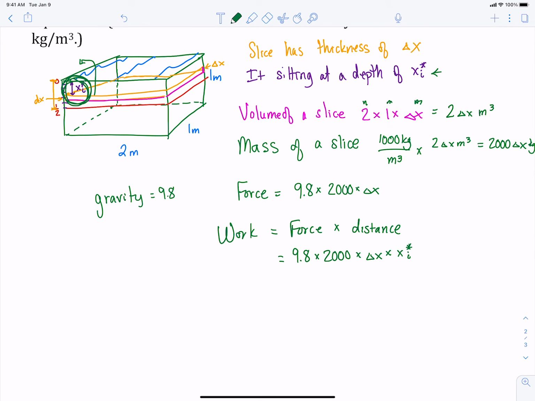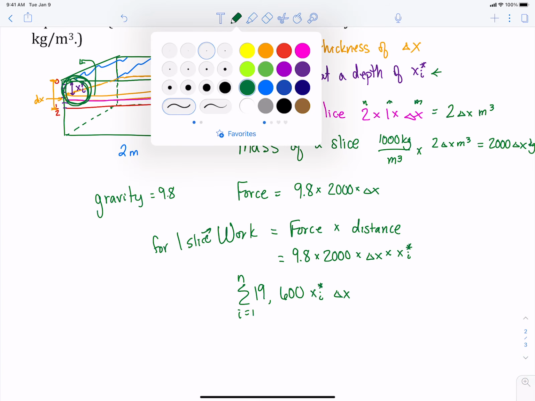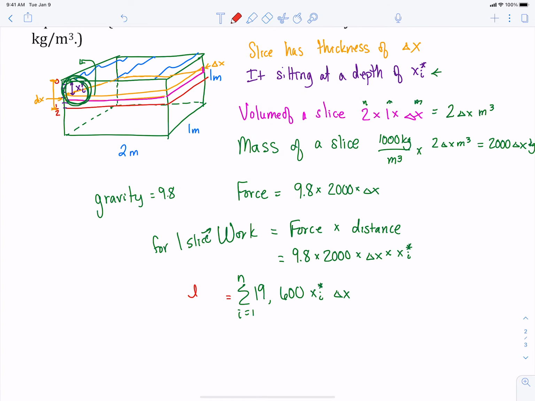And this is work, but this is work for one slice. So one slice. So of course, what are we going to want to do? We're going to want to add up our slices. Oh my gosh, it's like we do the same thing every time: we've got the summation of each of these things, and we've got delta x, and then if we make our slices smaller and smaller, so if we take the limit as n goes to infinity, and again, back up here at the volume, that's not going to change the base of our slice, it's going to change the thickness, and that's where our delta x comes in.